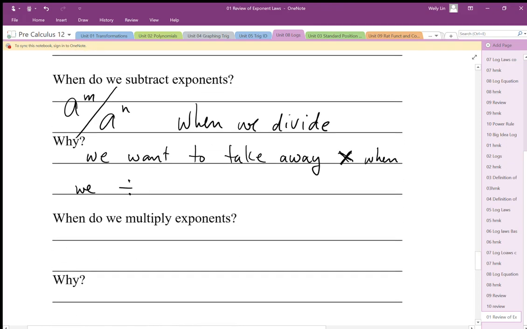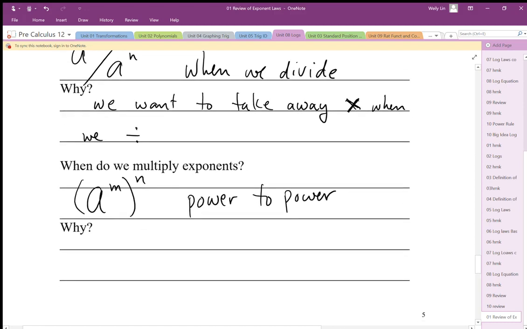When do we multiply exponents? We multiply exponents when we have power to power. This is called power to power. The reason we do this is because we want to count multiplication in groups, because this is groups of powers.